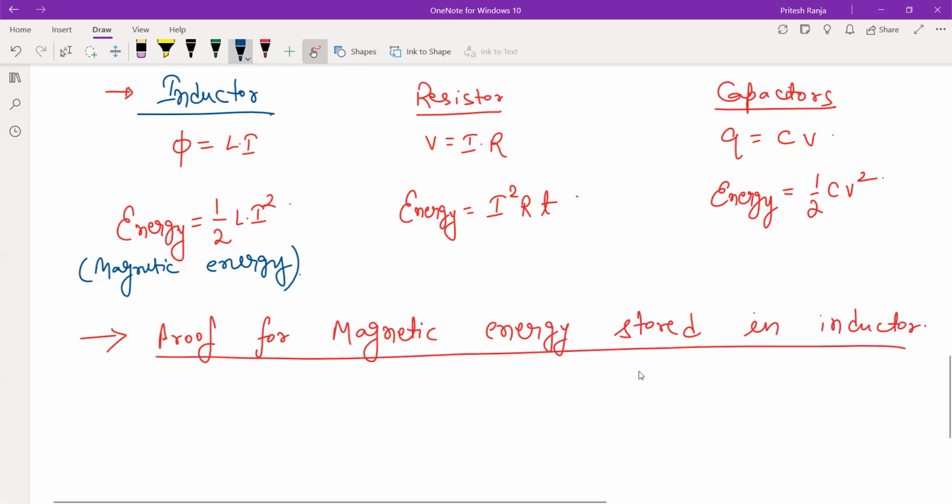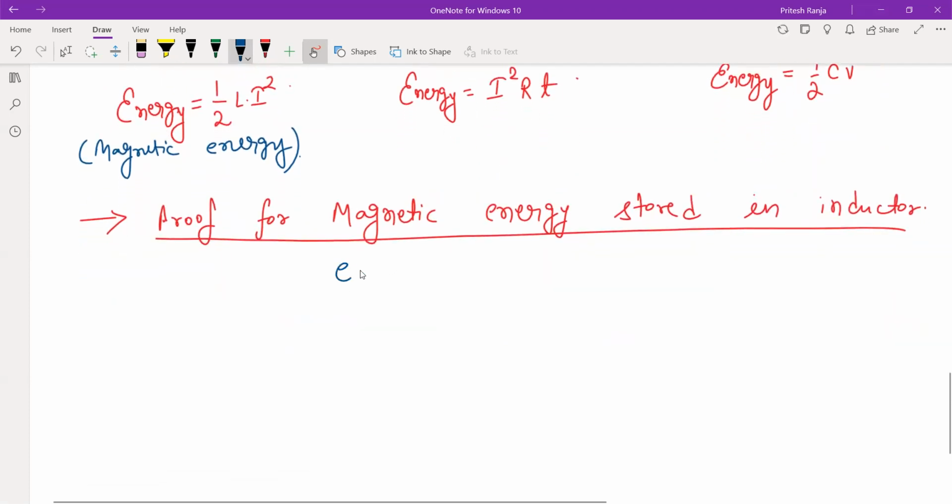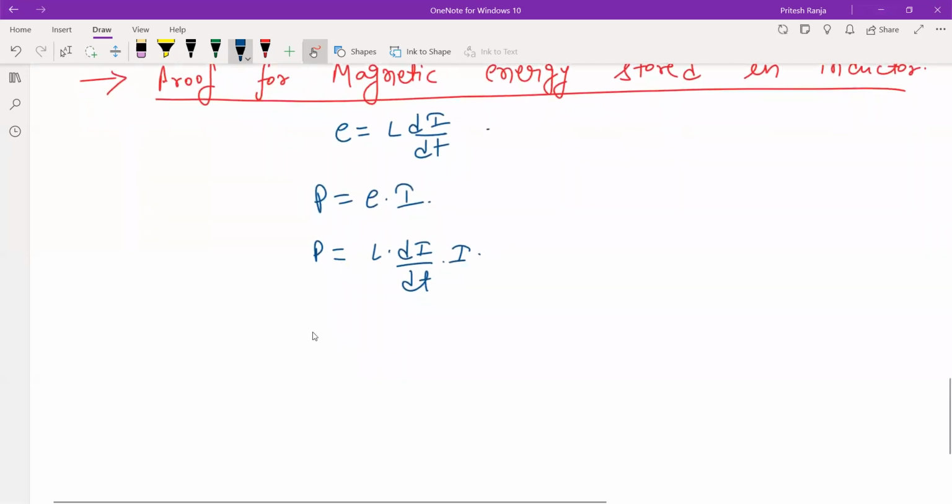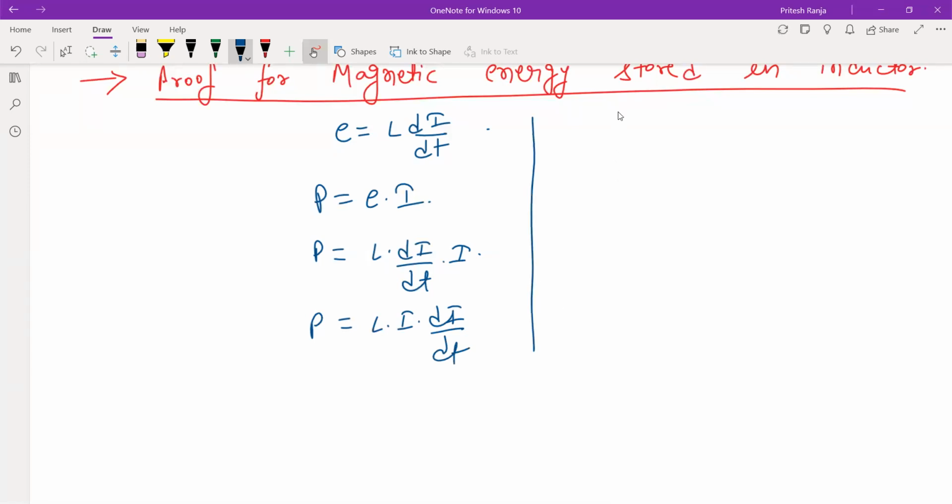Whenever we talk about inductor, we have the equation of EMF, that is L di by dt. Power will be equal to E into I, so power is equal to L di by dt into I, which implies power is equal to Li di by dt. Now we can write dw by dt as Li into di by dt.